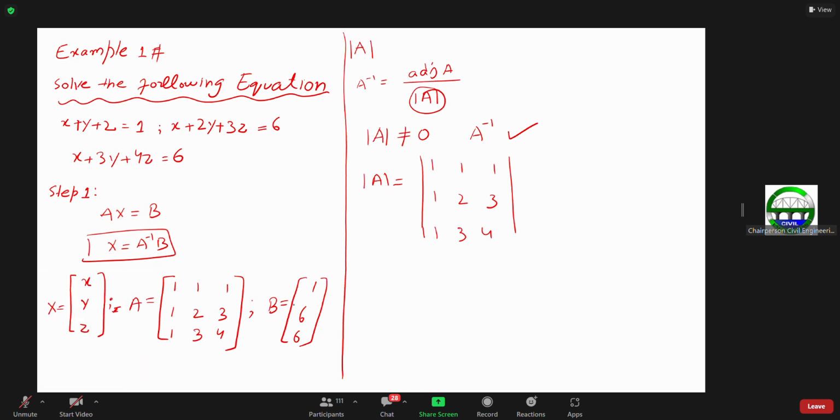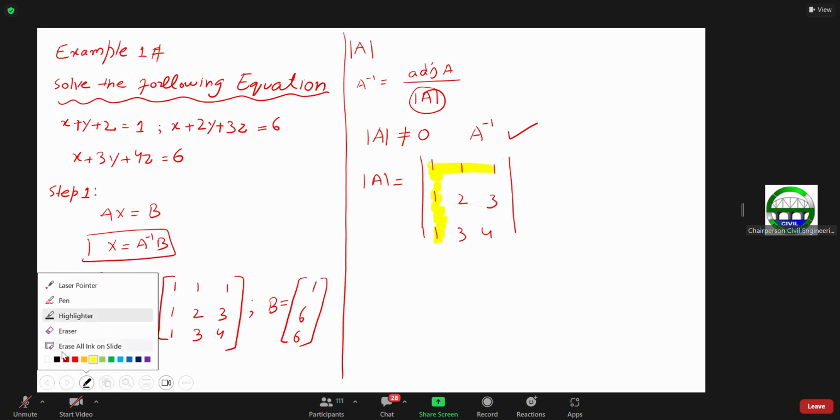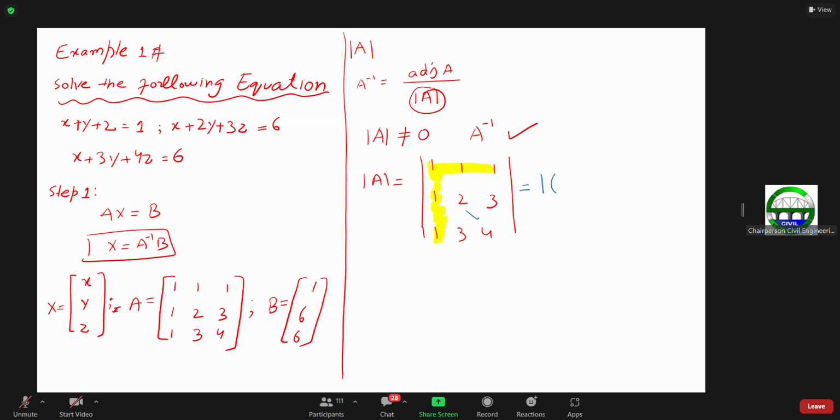I'm gonna use this row and this one. That equals 1 into this minus this.